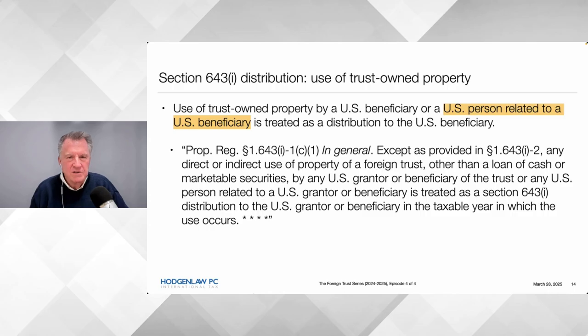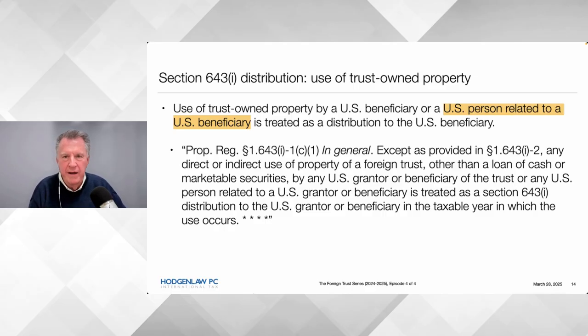The other one that we see is the use of trust-owned property without paying any money. So a foreign non-grantor trust owns a house in the United States. The trust has beneficiaries. One of the beneficiaries is a U.S. person. The U.S. person gets to go use it. It happens. It happens to my clients.